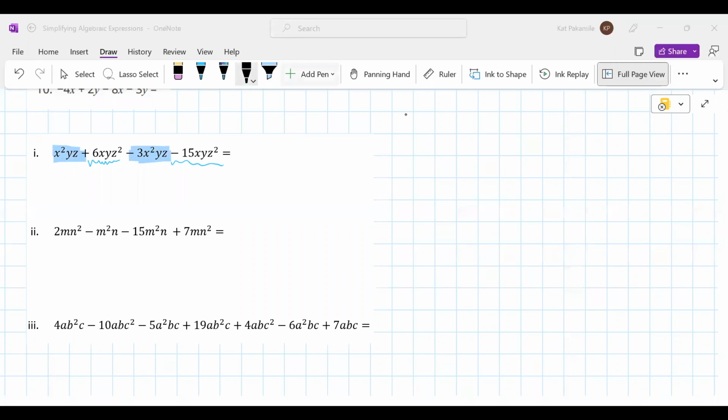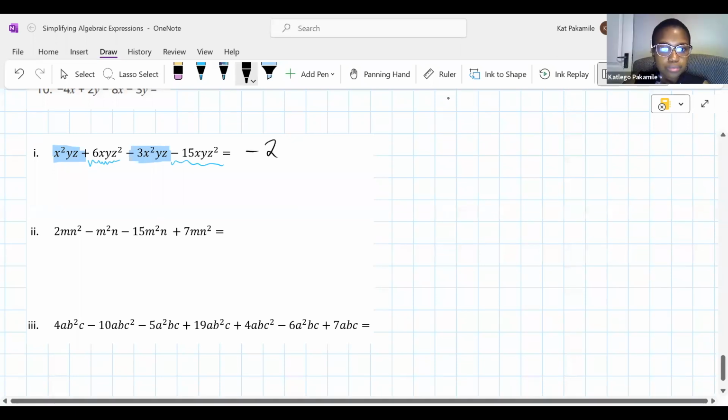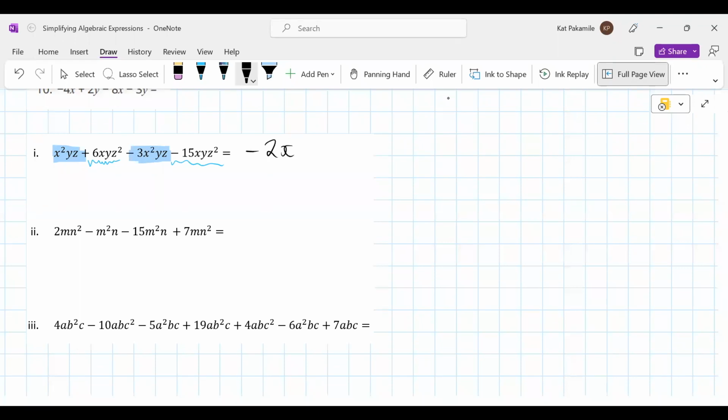Okay. The first one is x. Wait, will the first one be a negative? Yes. Okay, so negative 2 x squared yz plus. Are you sure? Check. We have a 6 minus 15. Is that going to be a positive or a negative? Oh, negative.